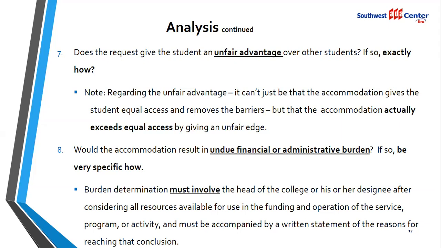So, for example, if the college is saying we can't provide the ASL interpreters, an example I used earlier, well, they can't just say, well, we can't afford it. This is a process. This is a big deal process in which the higher institution has to go through to actually show they really can't. They really can't afford an ASL interpreter.